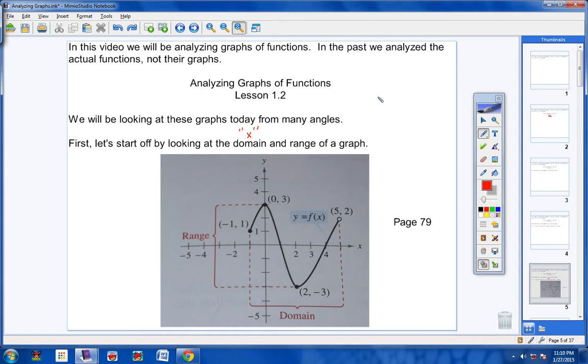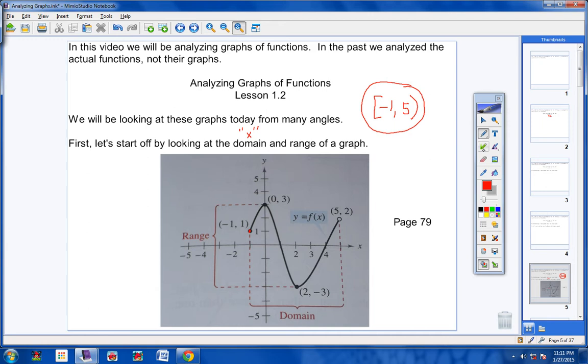So when you write your domain, you're going to say -1 with a bracket, because -1 is inclusive, and when you put 5, you're going to put a parenthesis, because the graph went all the way up as close as you can get to 5 without including 5. So there is your domain. The domain runs on the x-axis from -1 to 5, inclusive and non-inclusive. Take a really good look at that, okay, students? You need to understand that.